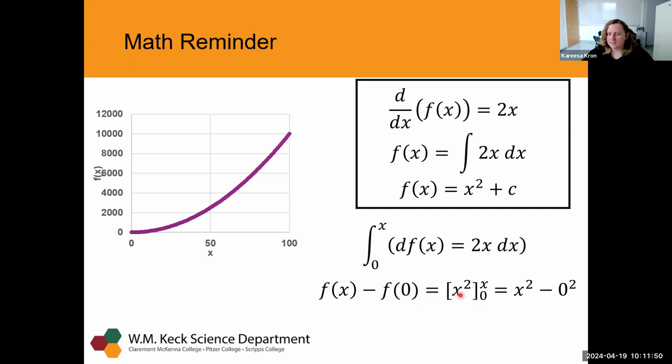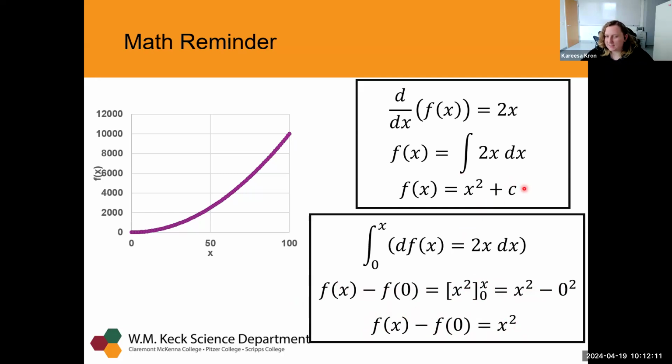On the other side, you plug x and 0 into x squared. So f of x minus f of 0 is equal to x squared minus 0 squared. I could rewrite this as f of x minus f of 0 is equal to x squared. Compared to the indefinite integral, we can see that our c here is going to equal f of 0. So this is a way to find our constant if we have it.